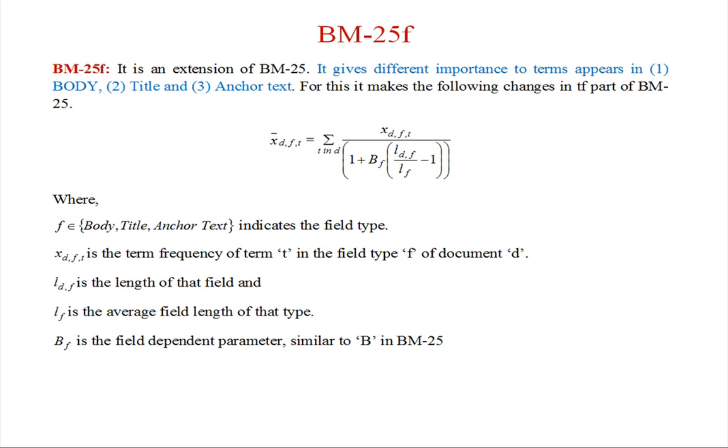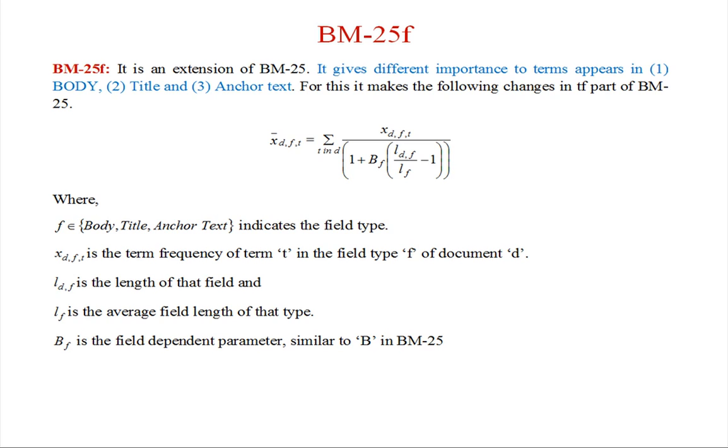For example, the title may contain the most important information in a document. The document's first paragraph may be most important, or the subtitle may be more important than the simple body text. So to give different importance to such parts of the document, the BM25F model was developed.